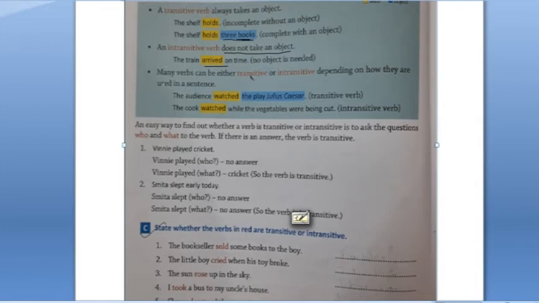And next is, many verbs can be either transitive or intransitive depending on how they are used in a sentence. Like, the audience watched the play Julius Caesar. So this is our transitive verb. But in this sentence, the cook watched while the vegetables were being cut. After watched there is no object. So this is our intransitive verb.